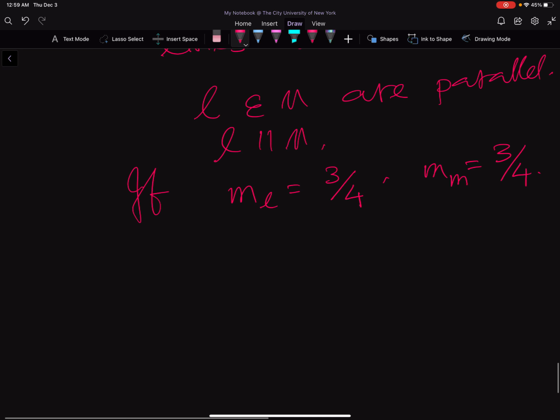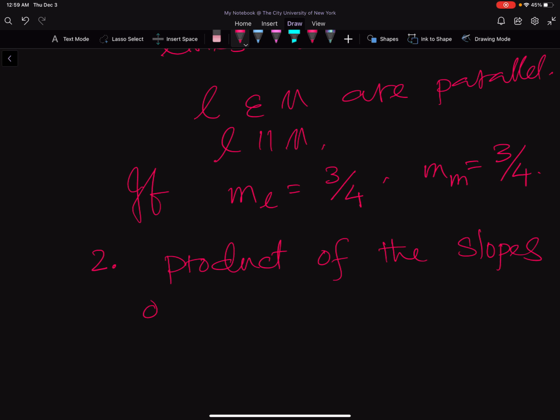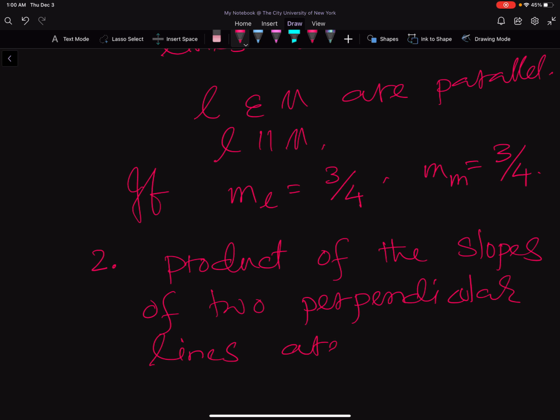And then we have learned that the product of the slopes of two perpendicular lines is, no, sorry, not equal, it equals -1.